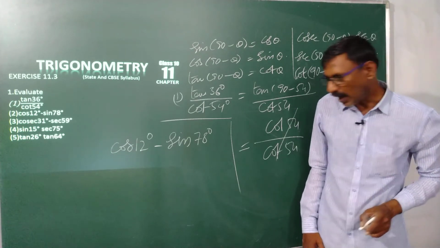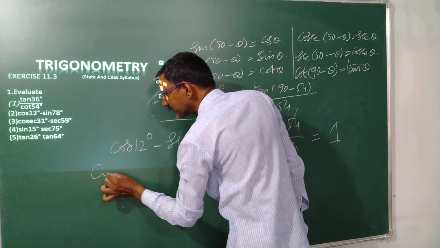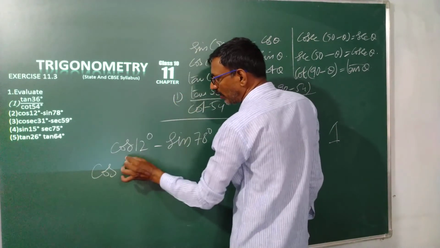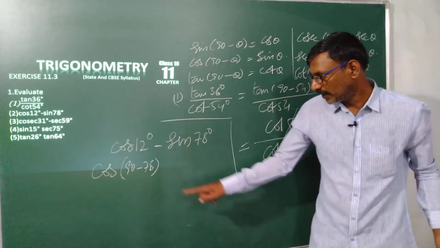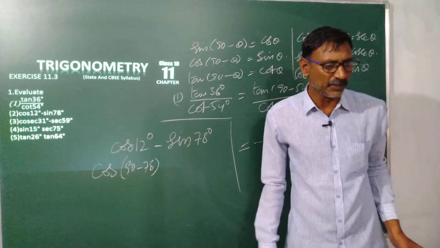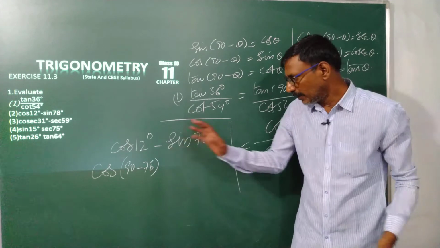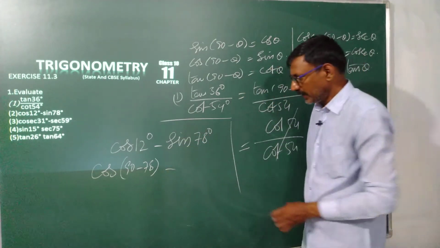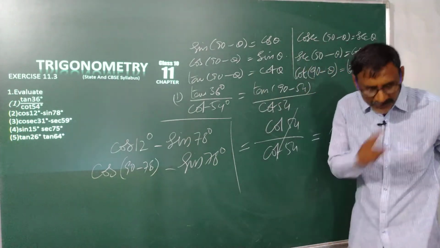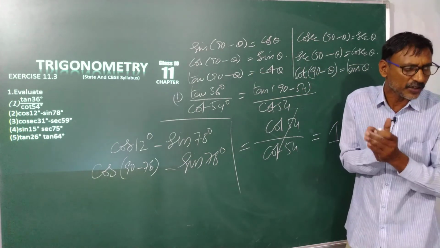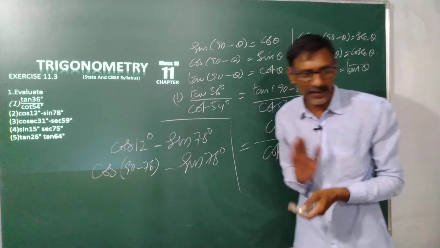Now, I would like to write cos as it is. 12 in terms of 90 minus 78. 90 minus 78 is nothing but 12. Minus sin 78 degrees I would like to write as it is. We change any one of them, and we transfer cos into sin.